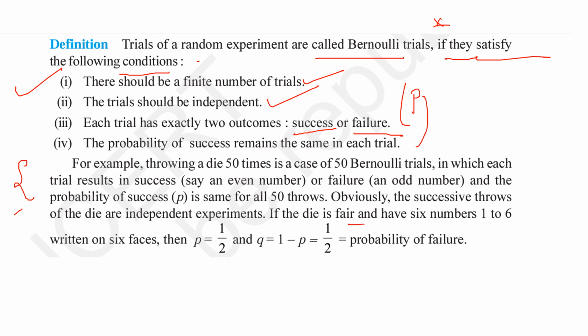If the die is fair and has the numbers 1 to 6 written on 6 faces, then the probability of success will be 1 by 2, and similarly the probability of failure is also 1 by 2, because P plus Q, probability of success and failure, equals 1.